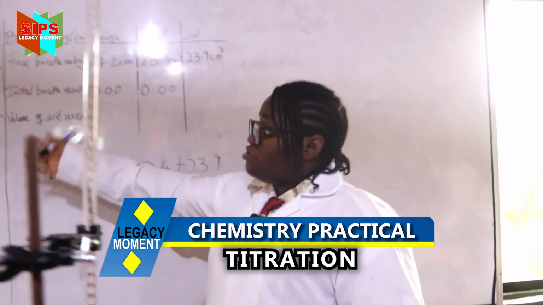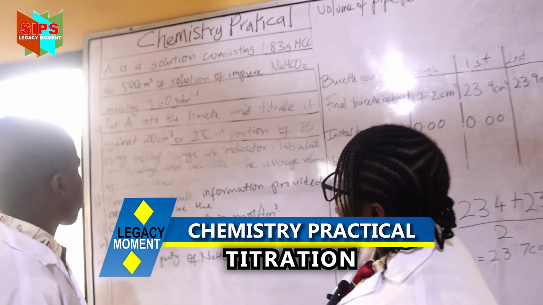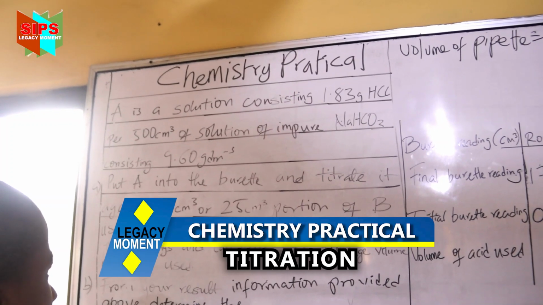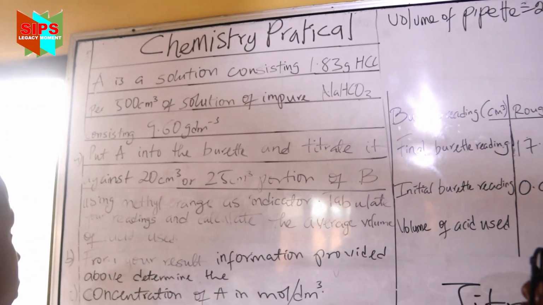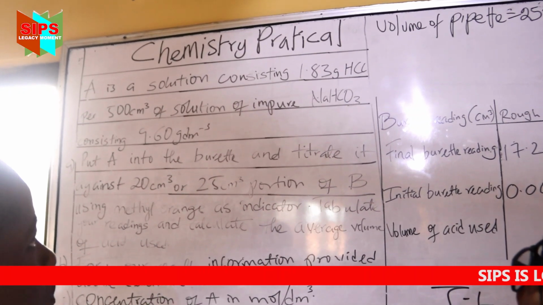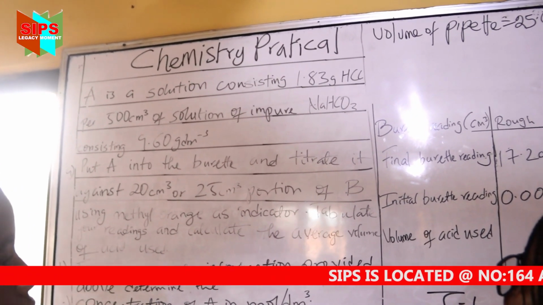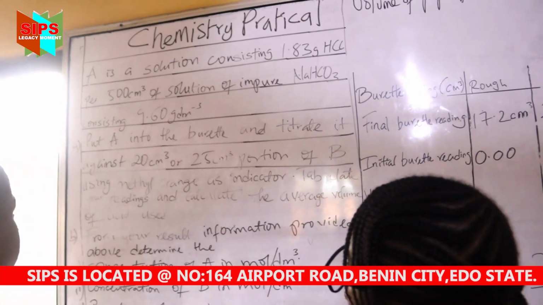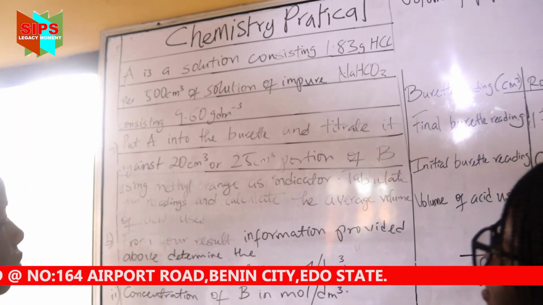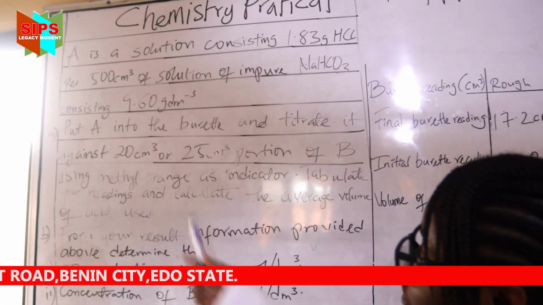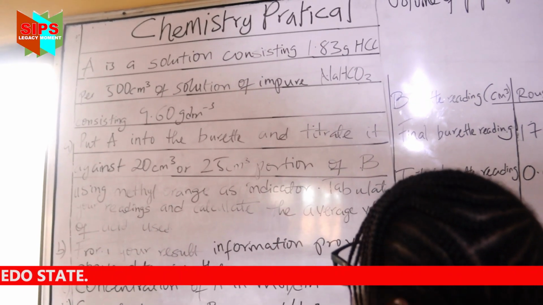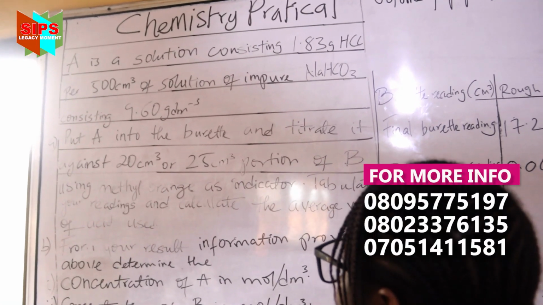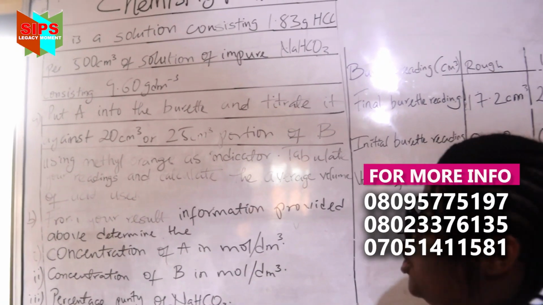So for our questions here, we have A is a solution consisting of 1.83 gram of HCl per 500 centimeter cube of the solution, of impure NaHCO3, which is sodium hydrogen trioxocarbonate(IV), consisting of 9.60 gram per dm cube. First, put A into the burette and titrate it against 20 centimeter cube or 25 centimeter cube portion of B, which has been done.